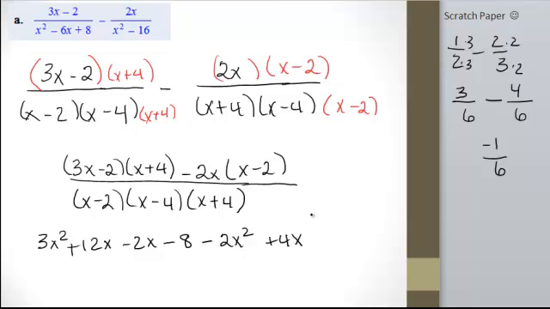I don't have enough room, so I'm just going to go ahead and simplify the numerator, if that's okay. So we're going to have 3x squared minus 2x squared, that's 1x squared. 12x minus 2x is 10x, and 10 plus 4 would give us a 14x. And then we just have a minus 8 left over. And that's all over that denominator.